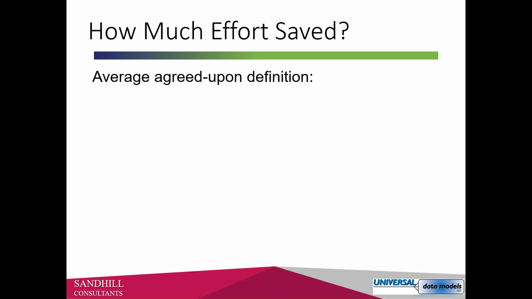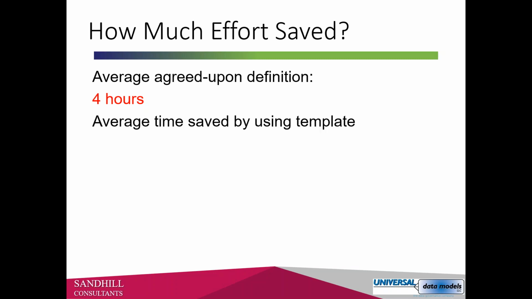The average agreed upon definition, we did a study at one client where we said, hey, to get an agreed upon definition, on the average, it takes about 4 hours to get it all agreed within an organization. Now, some definitions will take days or weeks or months even, and some might be quicker, but on the average, it's 4 hours.